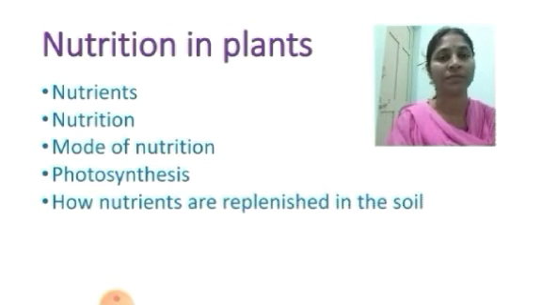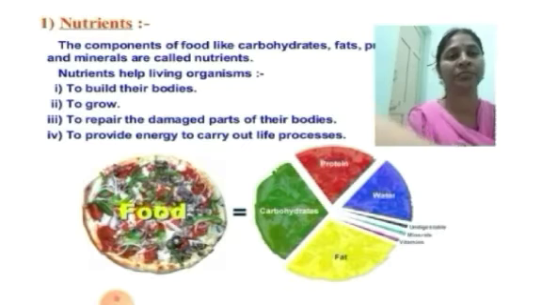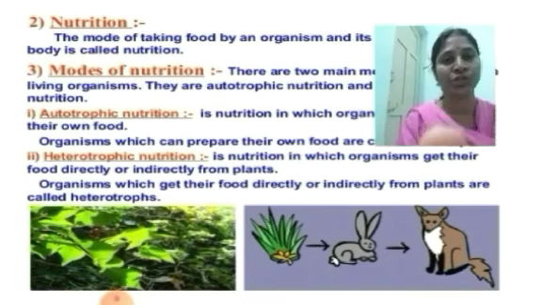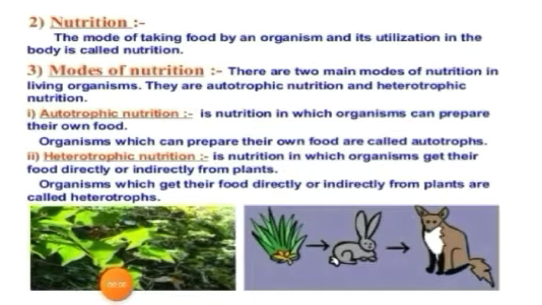Welcome to the class. In last class, we have learnt about nutrients, what is nutrition, and modes of nutrition. In modes of nutrition, we have learnt about autotrophic nutrition and heterotrophic nutrition.